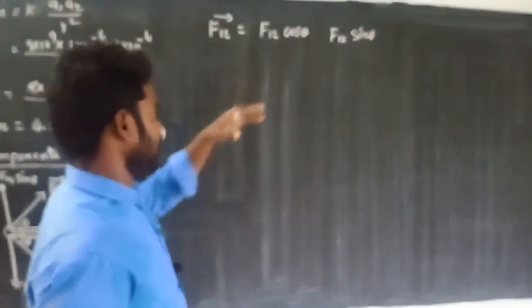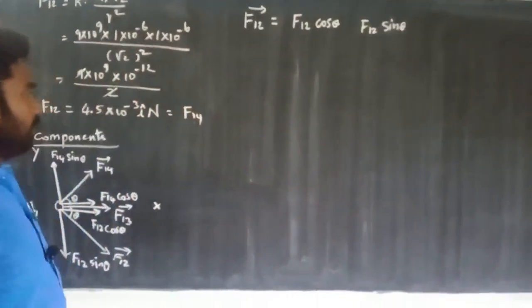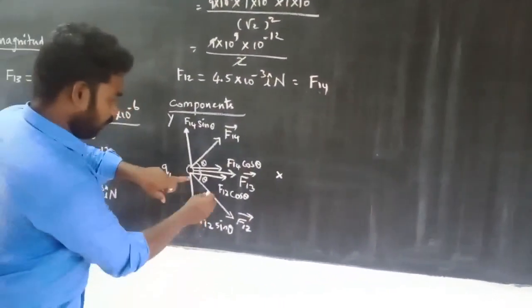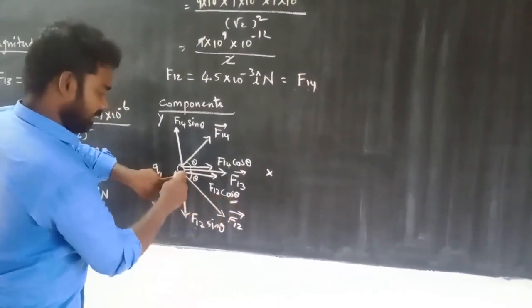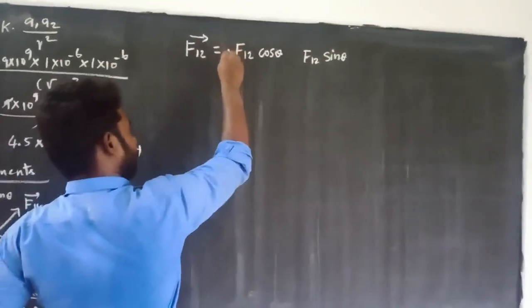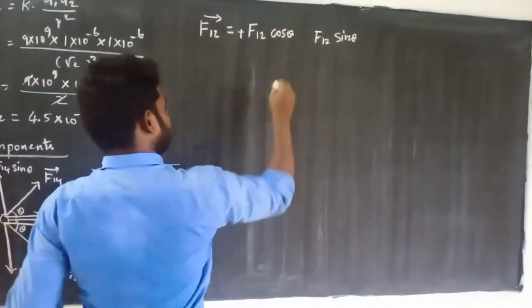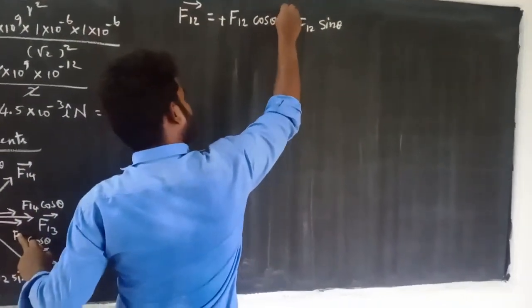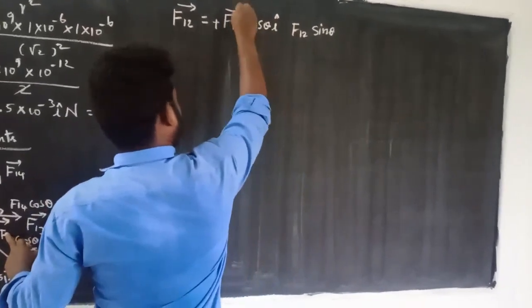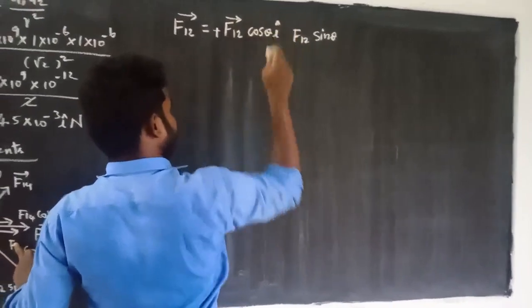We have to put the sign here. First, F12 cos theta is in the positive x direction. So the sign is positive. Its unit vector is I cap because it is in the positive x direction. So F12 cos theta I cap.